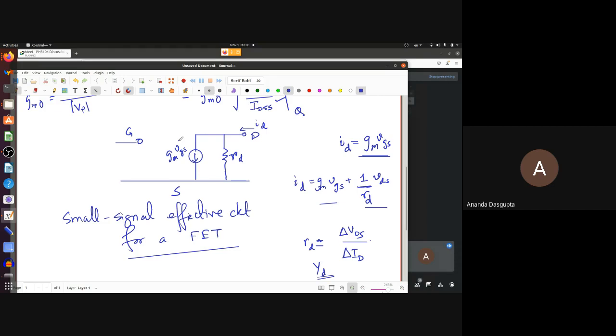And remember, every real current source comes with an ideal current source in parallel with an admittance. That's exactly what this side is.